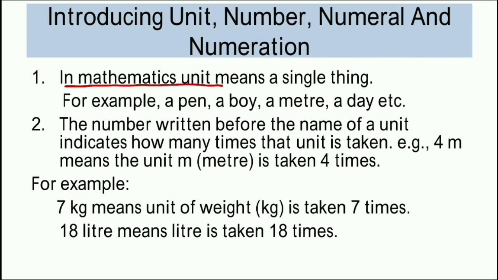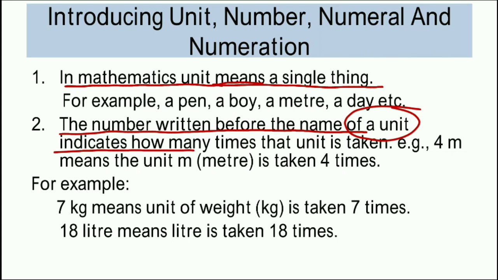In mathematics, unit means a single thing. If anything is single, meaning one, then for that we use the word unit. The number written before the name of a unit indicates how many times that unit is taken.